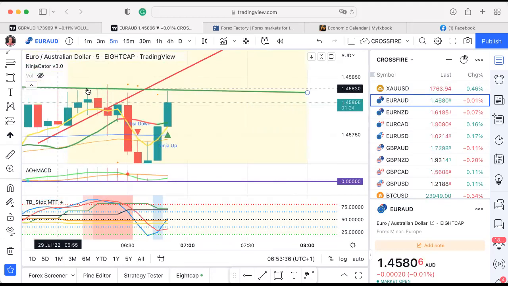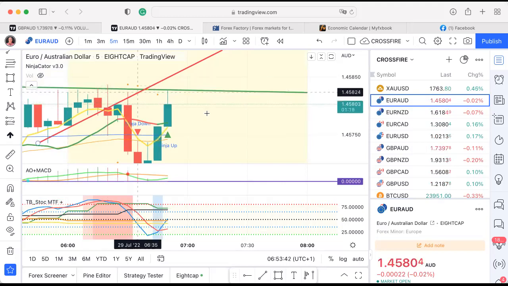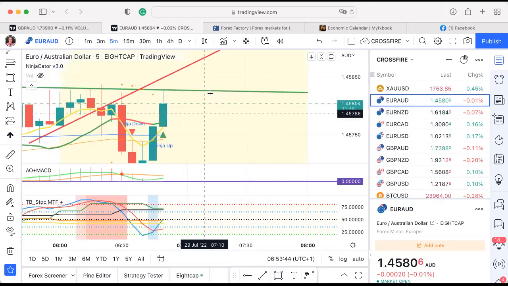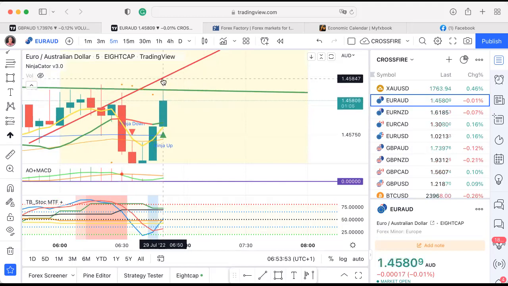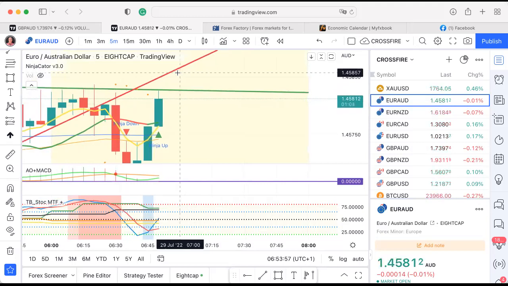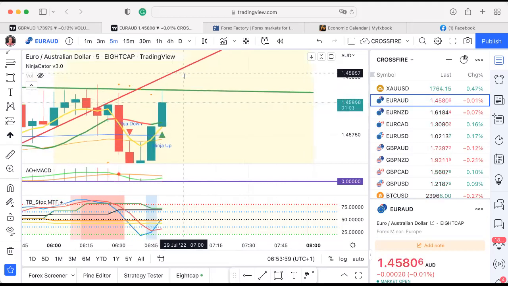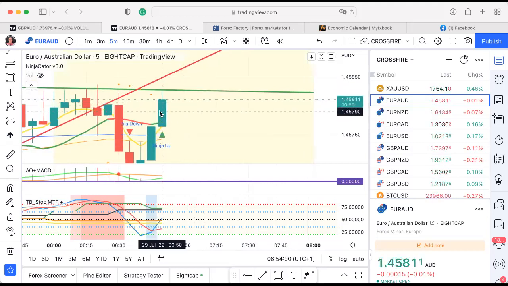It made several attempts to get above the green line and just wick through on that one. So it could be intending to break through, but it's finding resistance. And once it breaks through, it's going to hit another line of resistance there. So I wouldn't rush to get in, A, because it hasn't crossed the green line, and B, because there's another obstacle just above it.